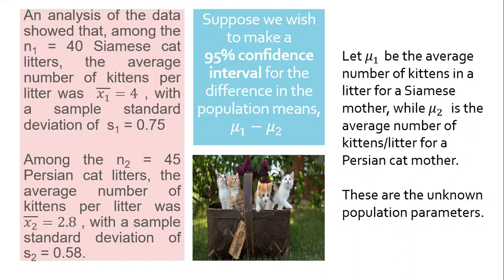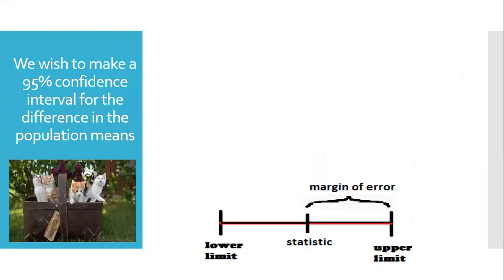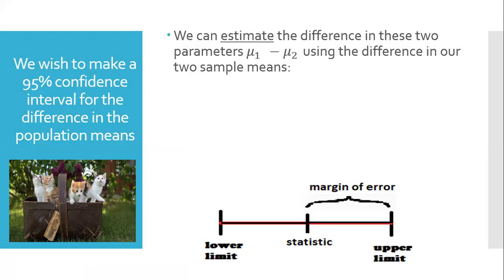So now we have some data from our samples that we can use as a basis to build our confidence interval for the difference in the unknown population means. We want to build that 95% confidence interval. And of course, that means starting with a statistic and then building out from a margin of error to create our limits. Well, we'll estimate the difference in those parameters using the difference in our two sample means.